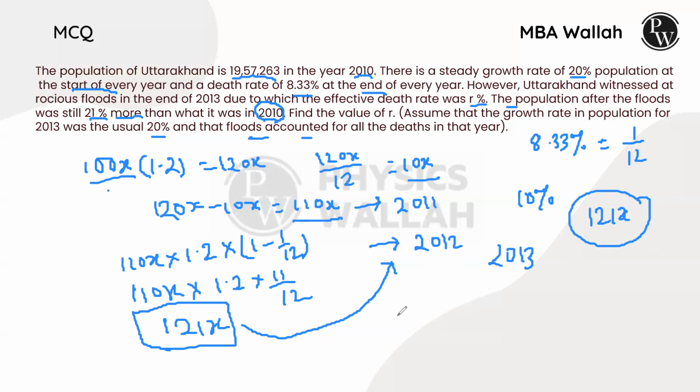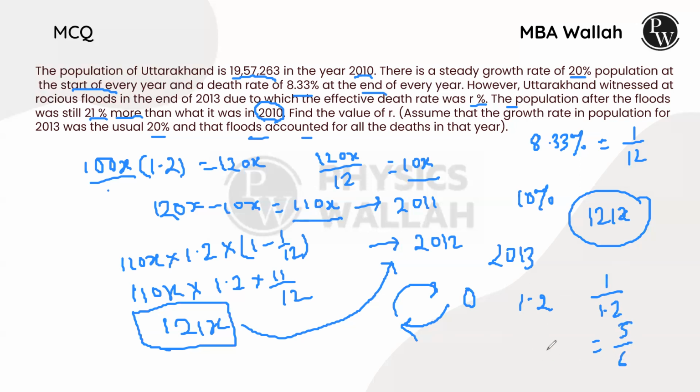So because of the growth rate and because of the death rate due to the flood, the overall change in the population in 2013 is 0. So the growth rate in population is the same, that is 20%. 20% means 1.2 times. So obviously the shrink rate will be 1 by 1.2 times, which means 5 by 6.